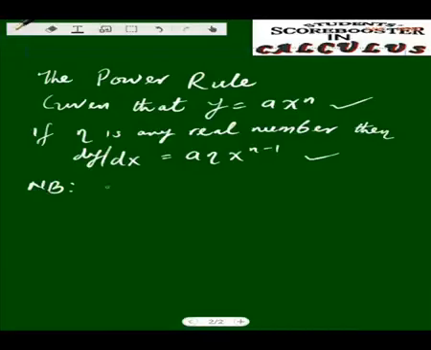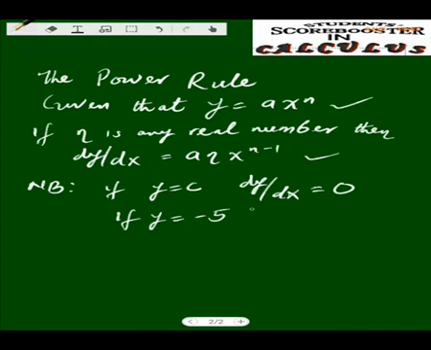For example, if y is equal to c, dy/dx is equal to 0. Another example, if y is equal to minus 5, dy/dx is equal to 0. So whenever you have a constant, the derivative is always 0.